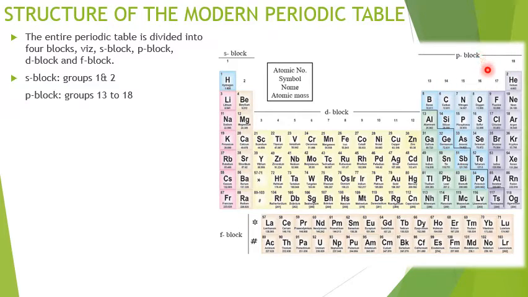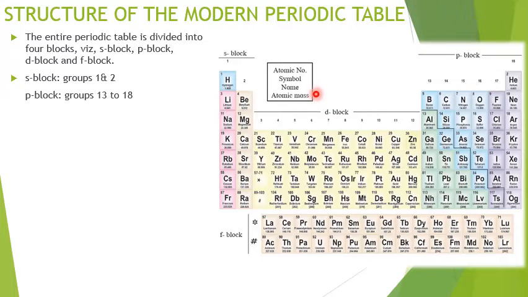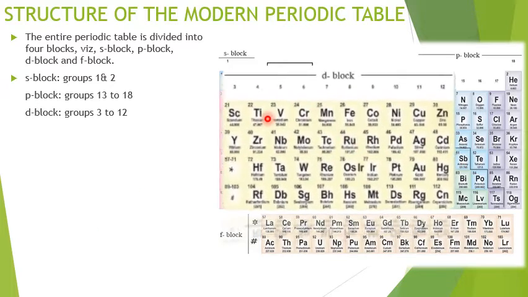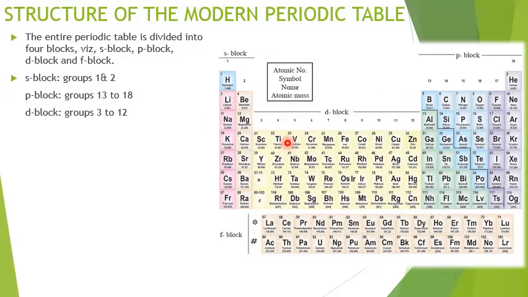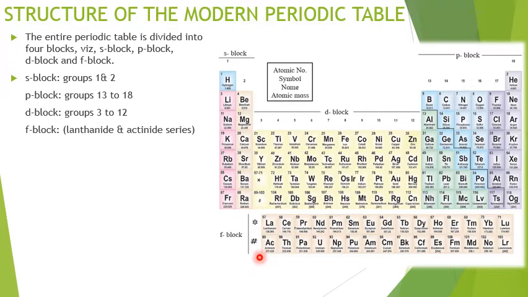They consist of the P block. Then comes the D block, groups 3 to 12. Understood? F block is the lanthanide and actinide series.